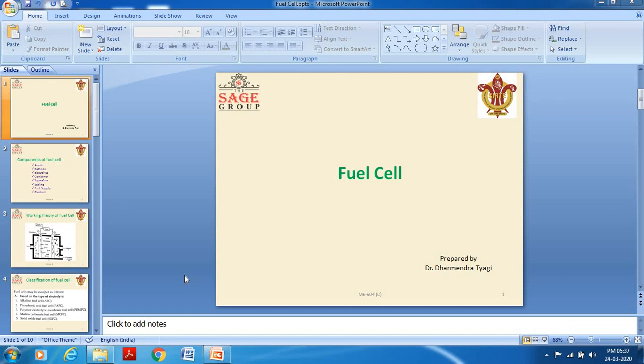First of all, we are discussing the history also. The fuel cell was developed in 1839 in England by Sir William Grove. However, the application of the fuel cell was first demonstrated by Francis T. Bacon in 1959 when his model generated 5 kilowatts at 24 volts.